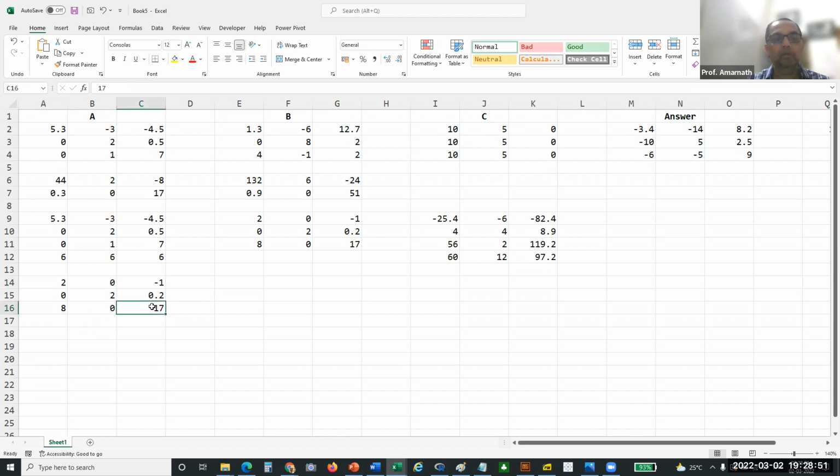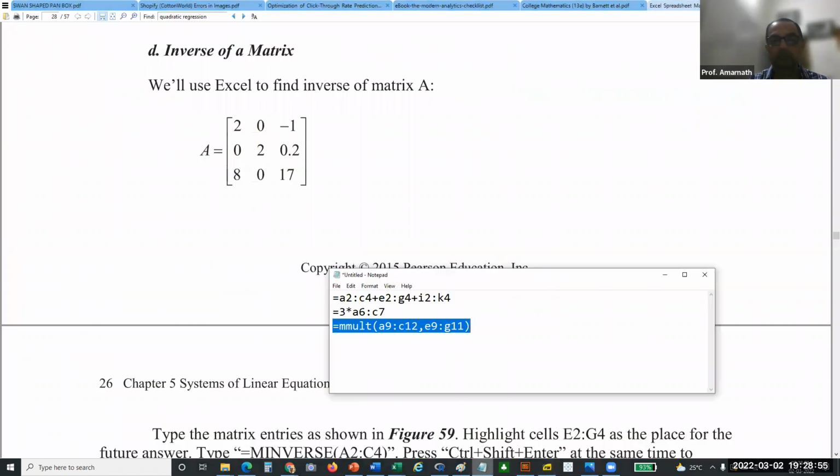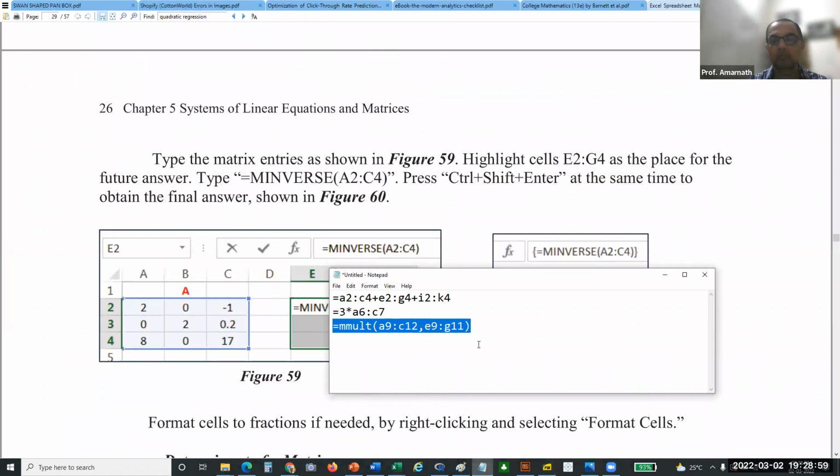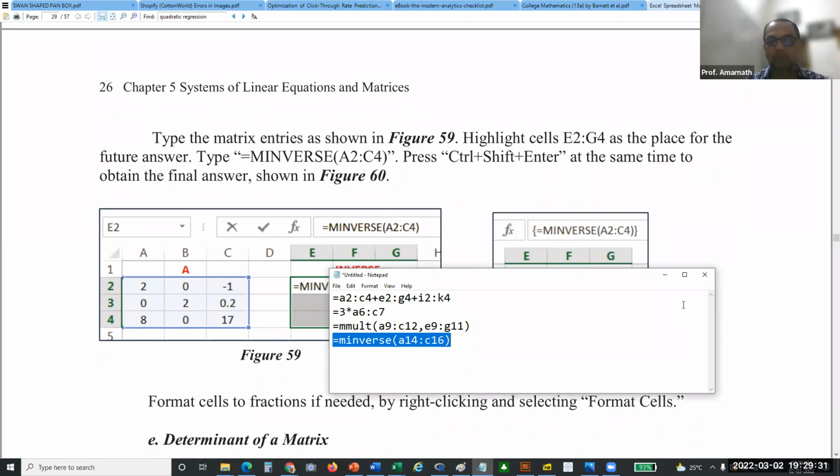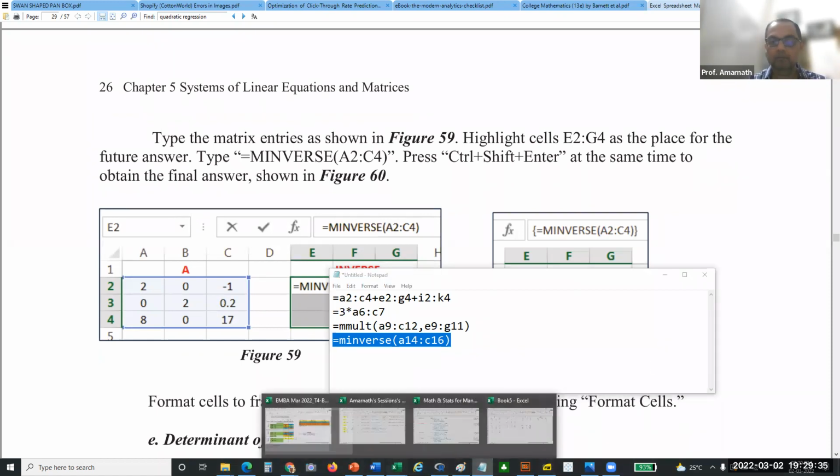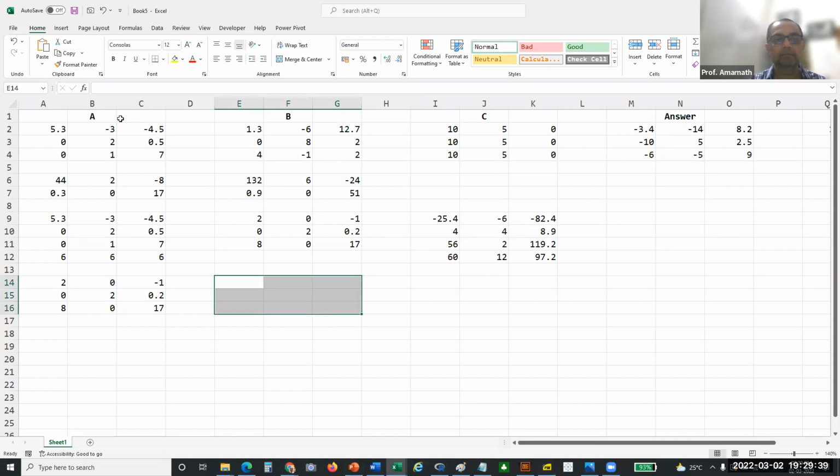This starts from A14 to A16. So highlight these cells, paste it here, press Control Shift Enter, and get the inverse of the matrix.